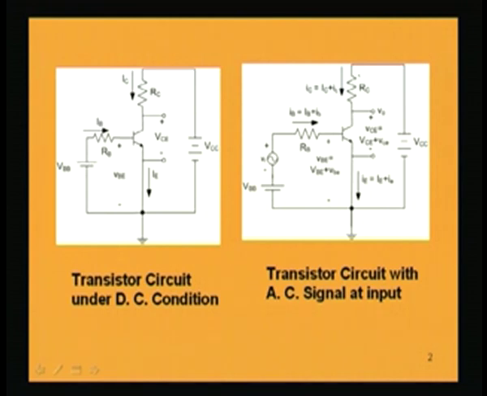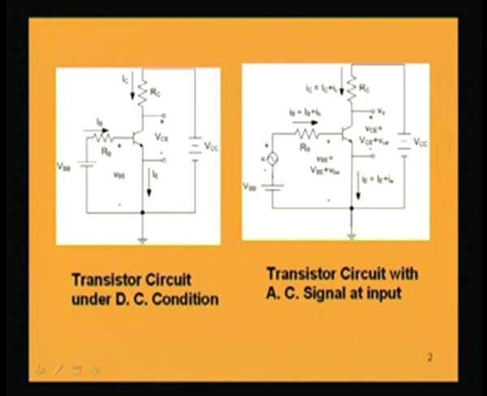Similarly, the collector current will be capital IC plus small ic. So the instantaneous current in the collector will be capital IC plus small ic, capital IC being the DC component and small ic being the AC component. Similarly, in the emitter we have capital IE plus small ie.